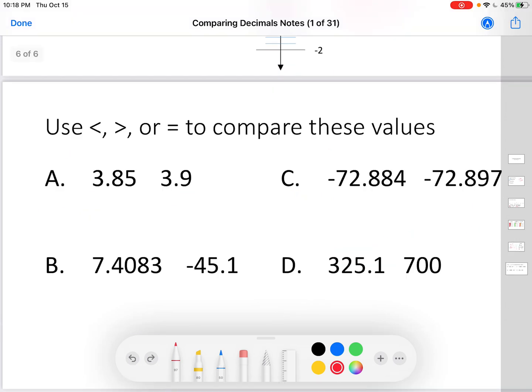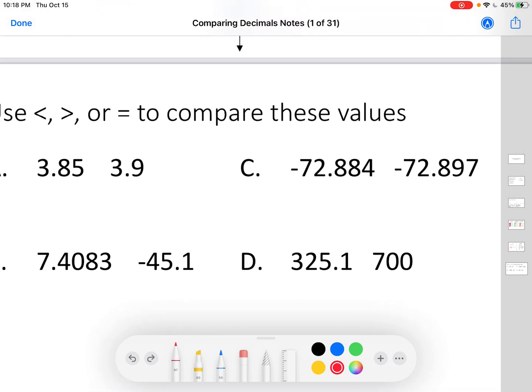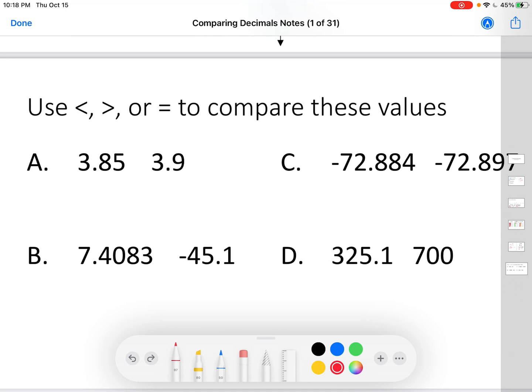Next thing. Let's look at these and let's compare them. All right? First, these are positive. So the bigger one will be greater. So 3 is tied with 3. 8 is less than 9. So this is less than. Let's try the next one. This has nothing in the tens place.